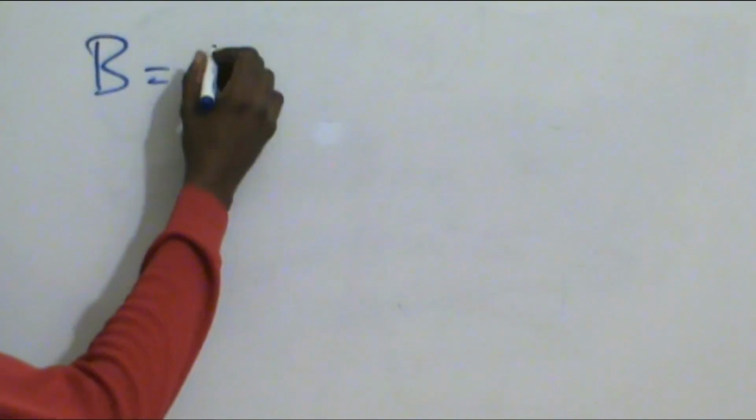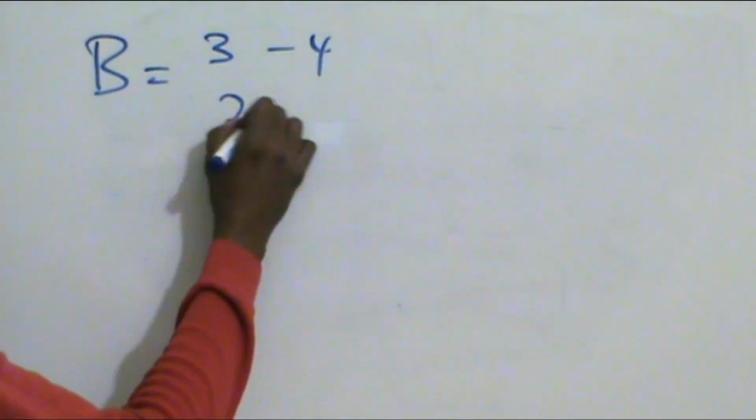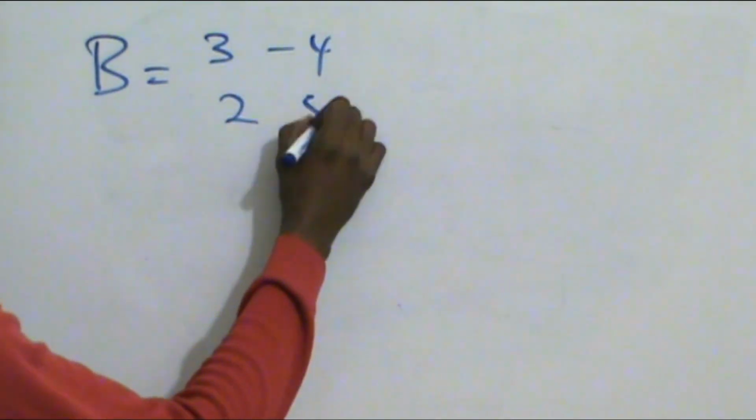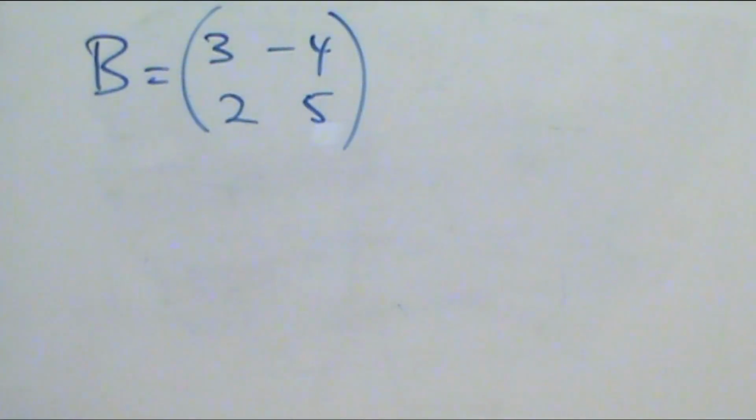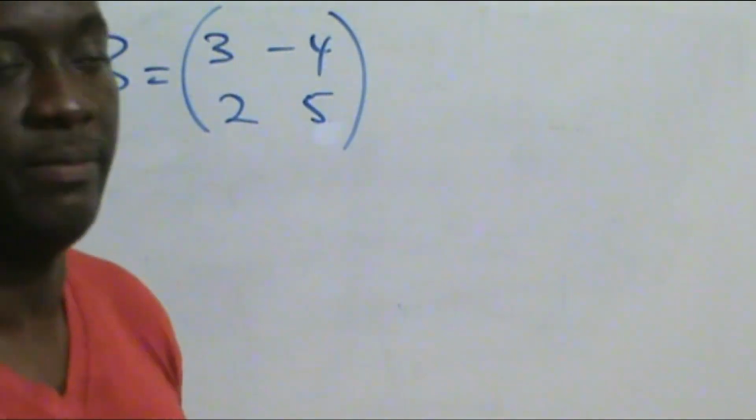We're going to go through a couple of random matrices just to give you the flow of how this is done, and then I'm going to leave you to do the examples accompanying the video. Let us say we have a matrix B equal to [3, minus 4; 2, 5], and we want to find the inverse of that matrix.